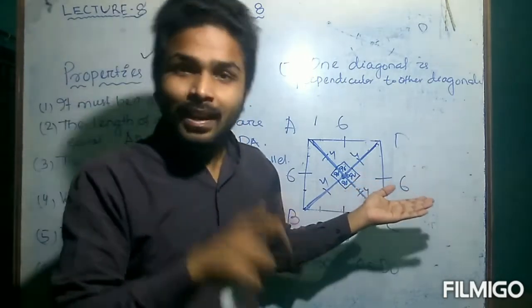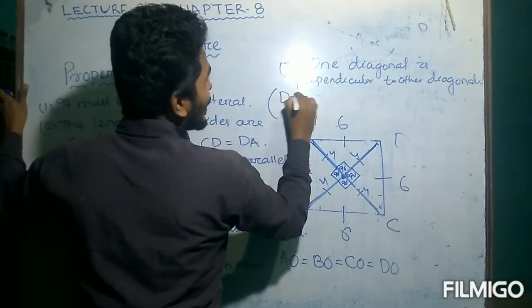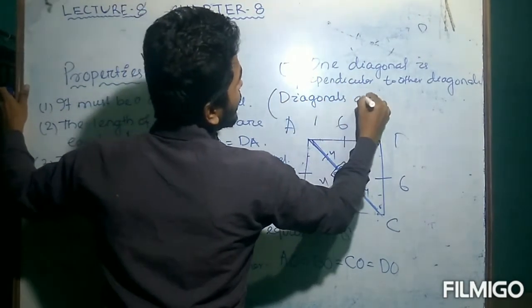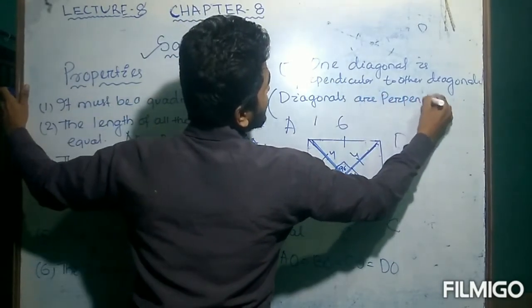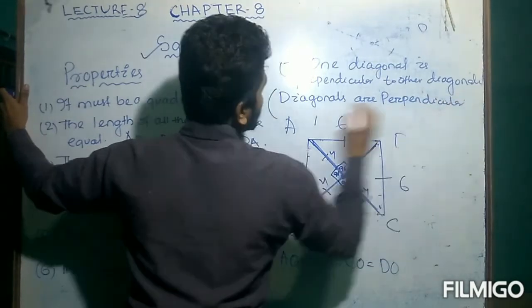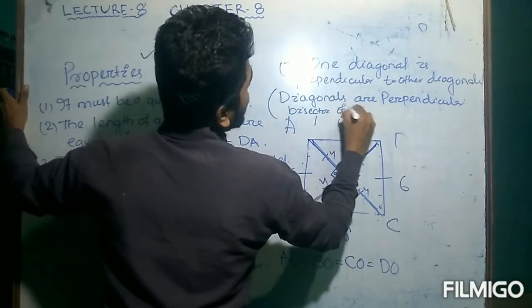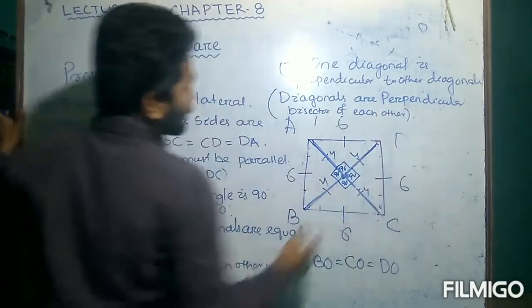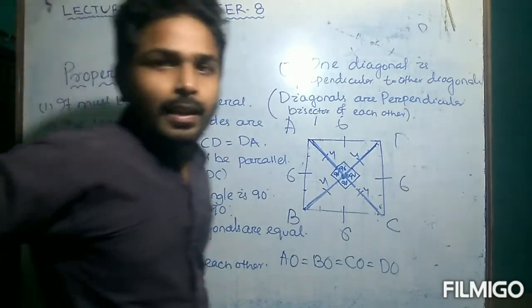Because the angle between them is 90 degrees. So simply you can write diagonals are perpendicular bisectors of each other. Okay. So these 7 are the foremost properties of a square.